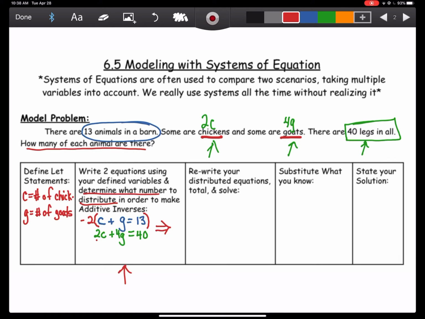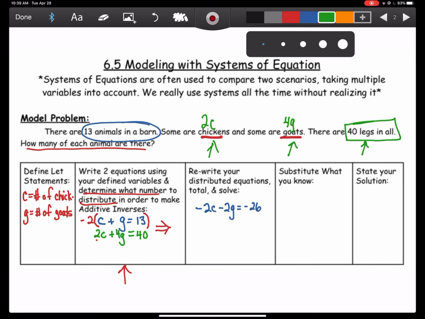So here we go. Over to the right, it says rewrite your distributed equations, total and solve. Okay, well, my blue equation is going to be changed a little. My green equation is going to stay the same. So my blue equation will turn into -2c minus 2g equals -26.